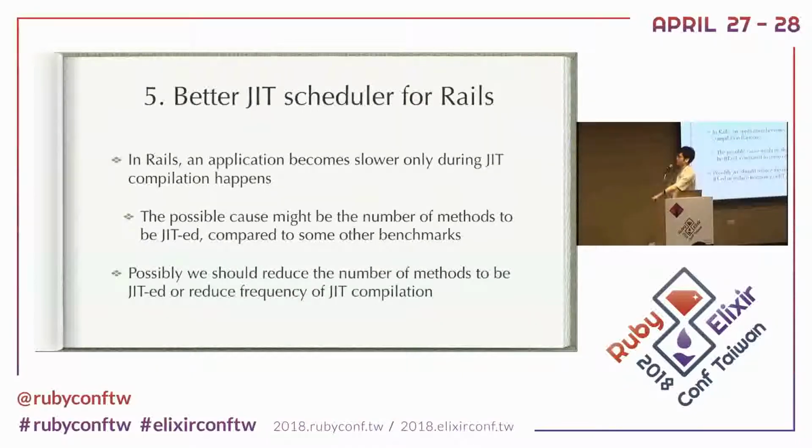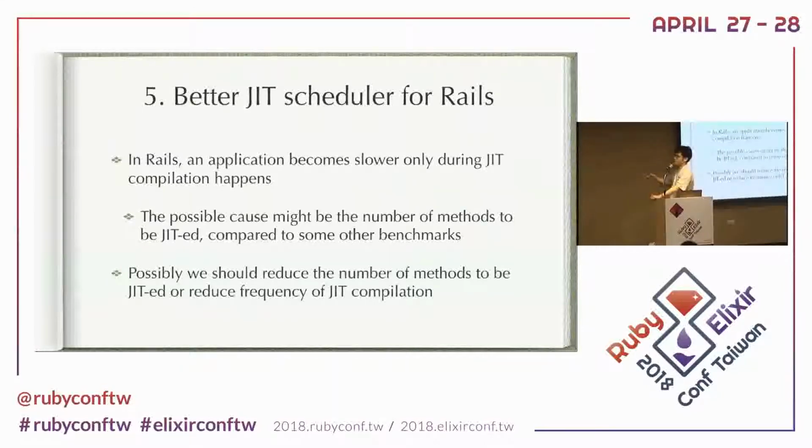Then also, we need to improve the performance of Rails because I'm also running Rails in my company. And currently, even after the preview 2 optimizations, we still can't make Rails applications faster.